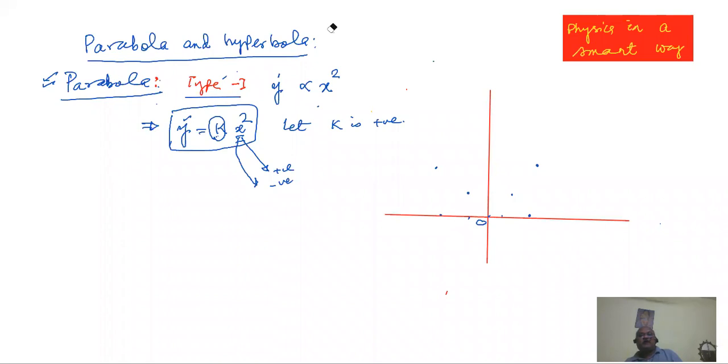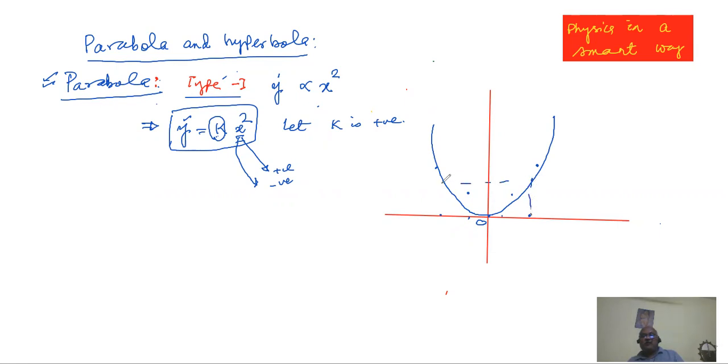In a fashion that is like this, and that is known as a parabola. As you can clearly see here, for a point, x is positive.